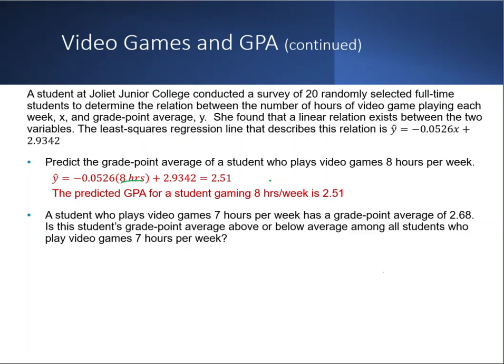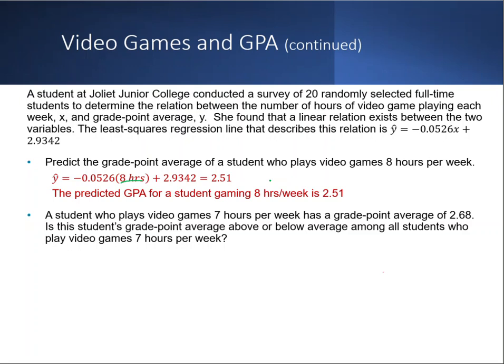The second question on the screen is a similar process, but we're coming at it a little bit differently. In this scenario, we have a student who already plays 7 hours per week and her GPA is 2.68. So 7 hours per week with a GPA of 2.68 is what is actually occurring.